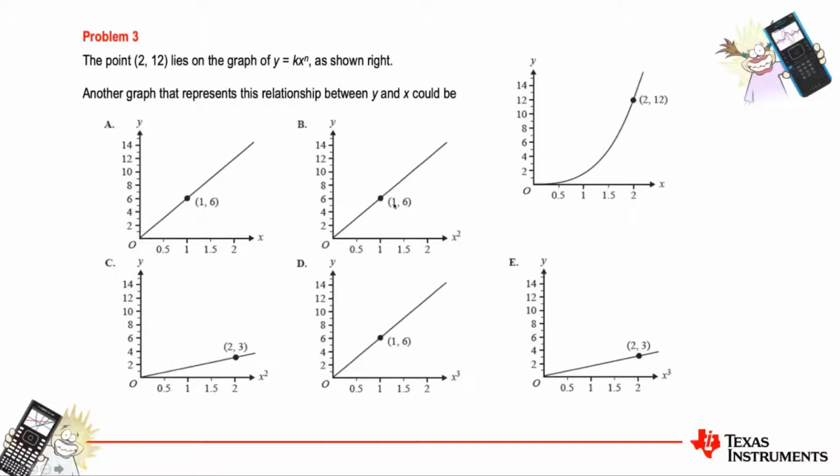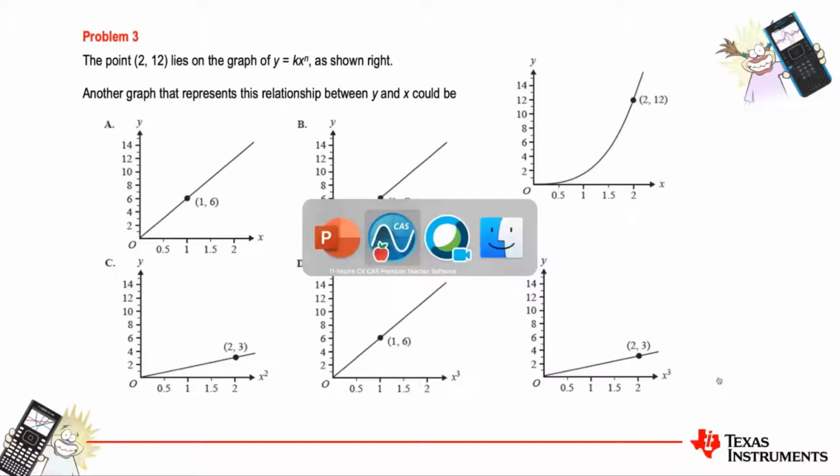Please notice that they've used X here, X squared, X cubed, and X cubed here. So we need a way of checking those points, given that it's graphing not necessarily Y versus X, but Y versus either X squared or X cubed. So let's see a way to attack those problems.